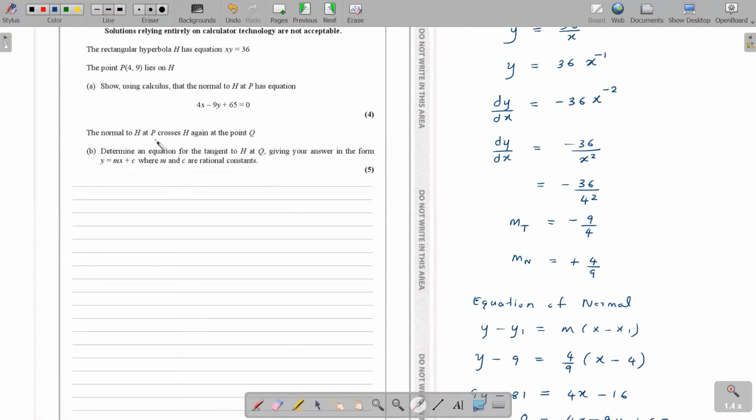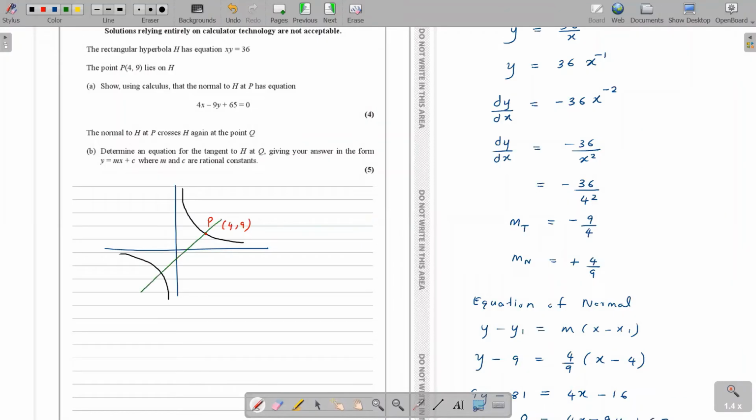The normal to the hyperbola at P crosses the hyperbola again at the point Q. So what do they say here now? If you draw a visual idea of what's going on here, this is the hyperbola, right? A hyperbola is an equation that looks like this, isn't it? You have this point P. At point P (4, 9), we got the equation of the normal, right?